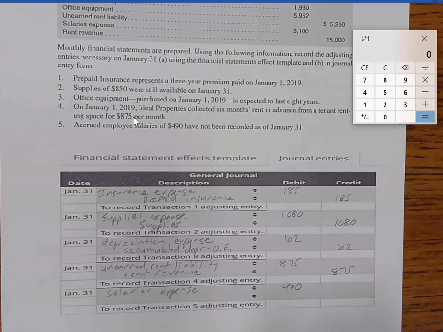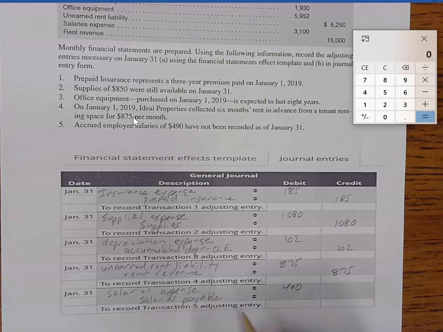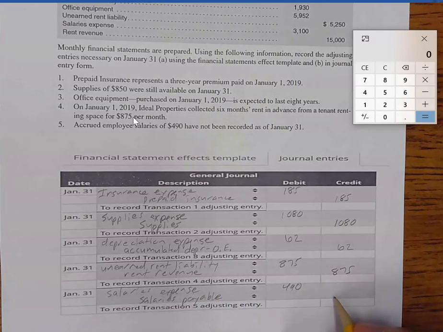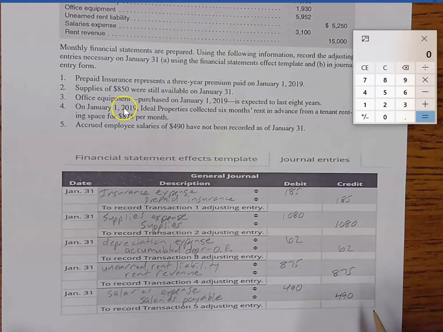And then what we'll need to do is set up a payable or a liability for that same $490. Okay, and that's all there is to adjusting entries.